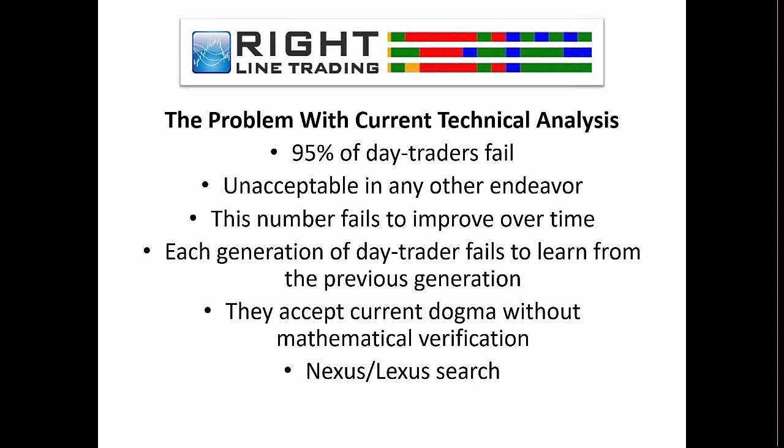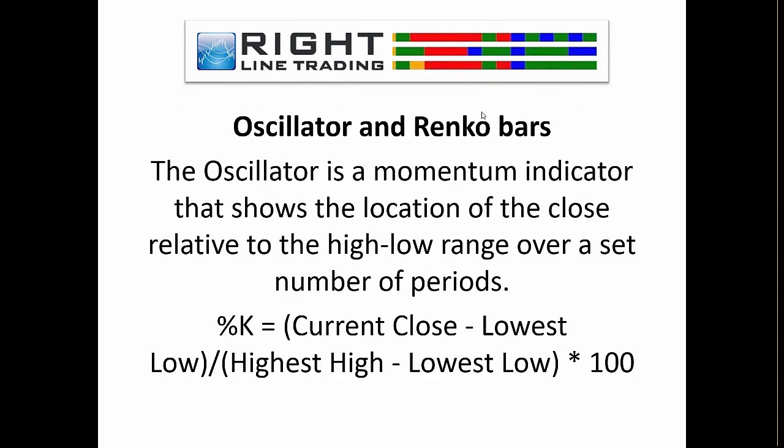For some reason, scientists have failed to look at day trading and do a statistical analysis on what we use to get us into a trade. What we've done here at Rightline is try to reverse that.